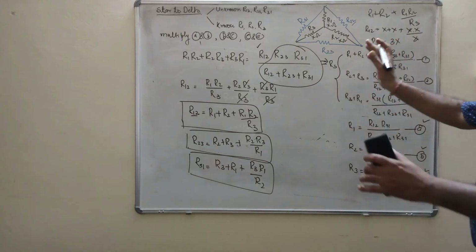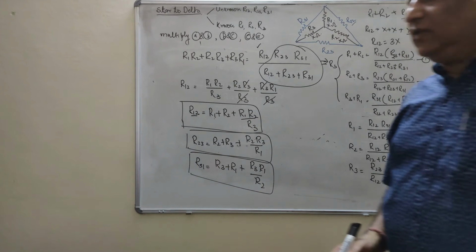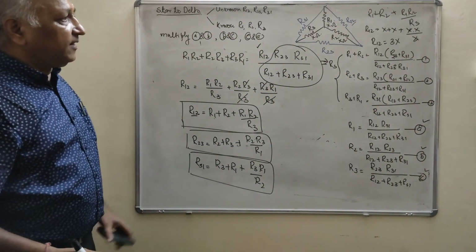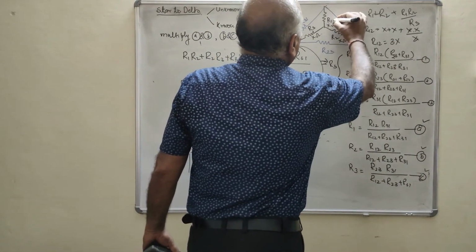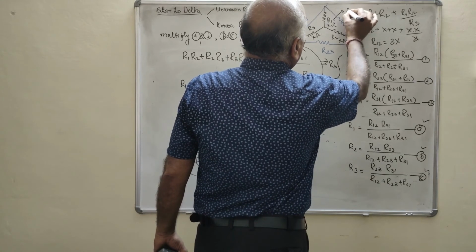That means when the star is converted into delta, the value of the resistance becomes 3 times.